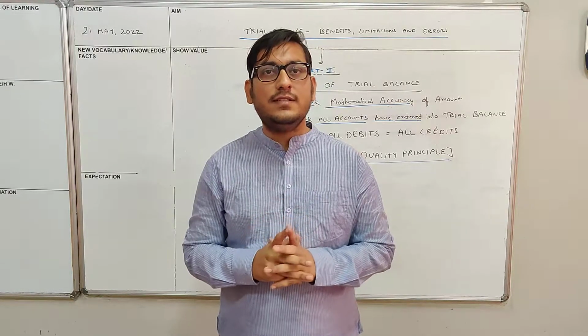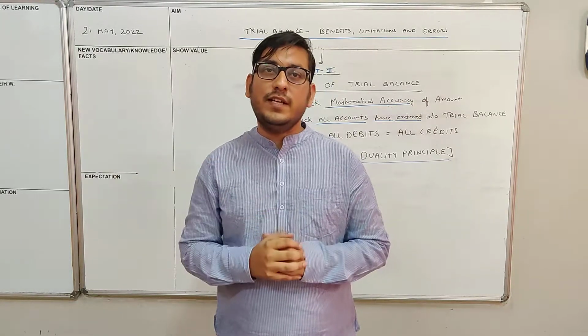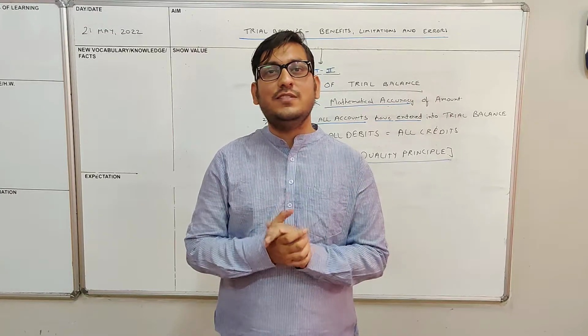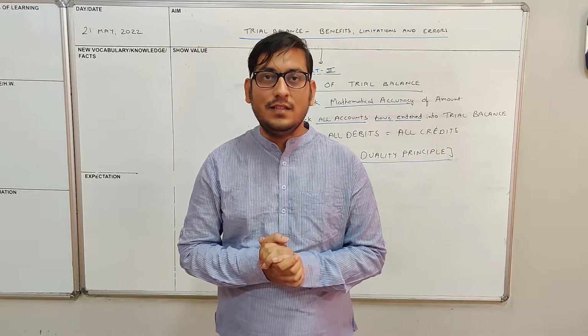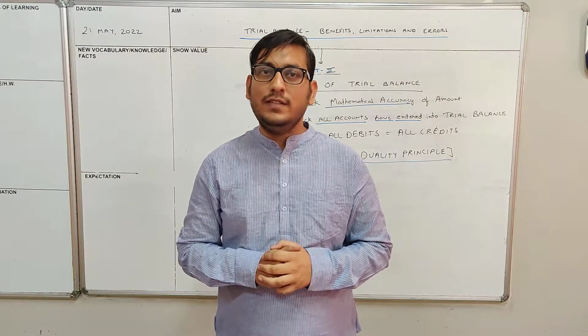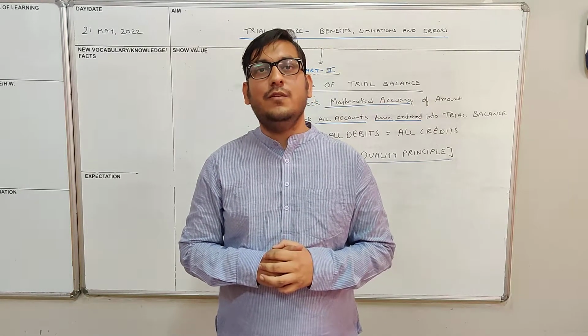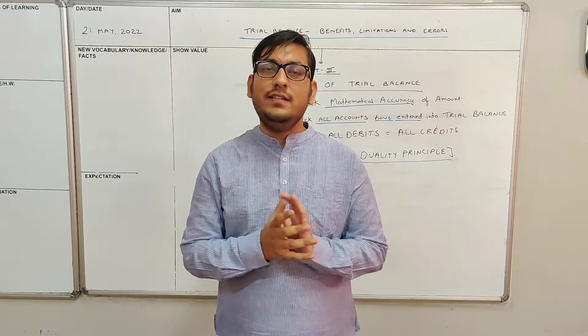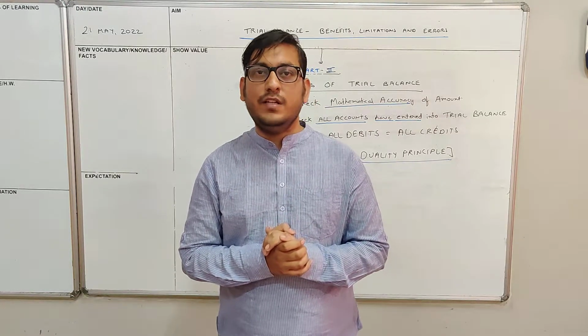We understood what types of accounts have debit balances and what types have credit balances. We also prepared a trial balance for all the necessary accounts. We understood thoroughly the concept of each and every account.